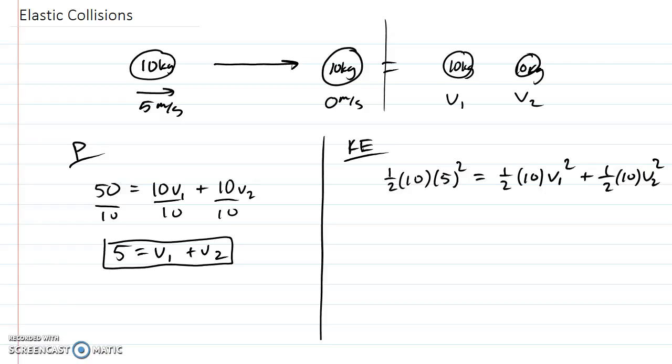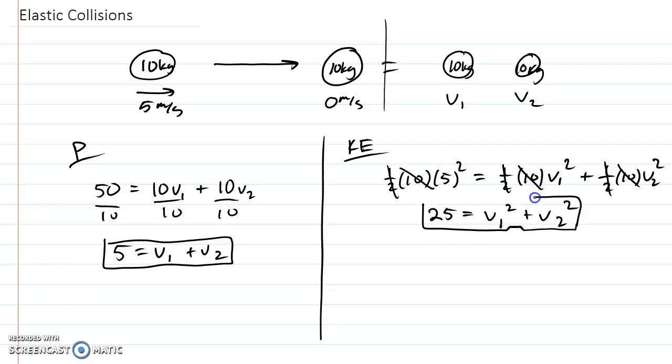Okay, now this is kind of nice. In this case, we have a 1/2 in everything, which can cancel. We also have a 10 in everything, which can cancel. That's not always going to happen, but often you can, like on the left side, divide by the same number. So what we end up with here is 25 equals v1 squared plus v2 squared.